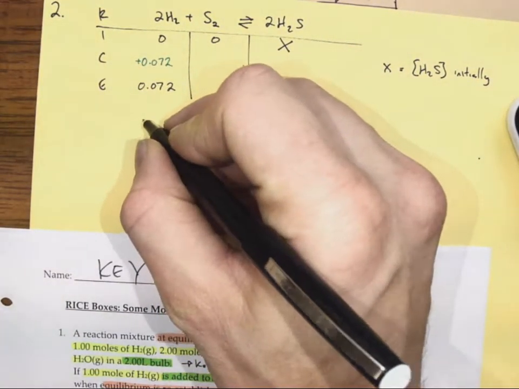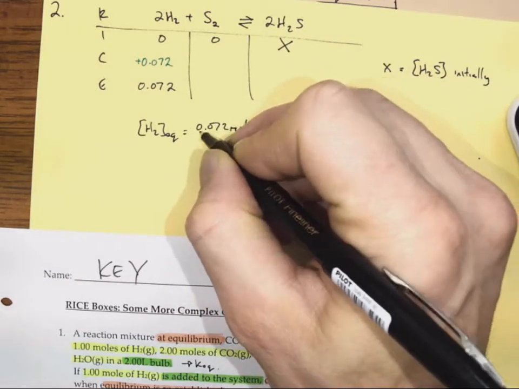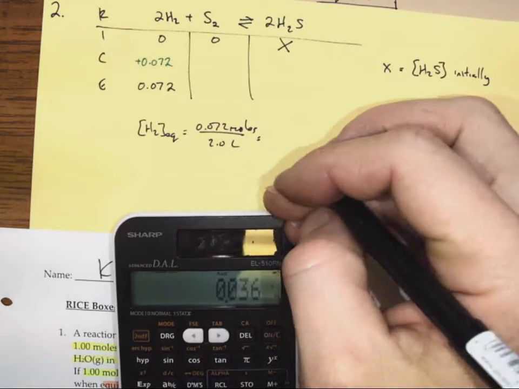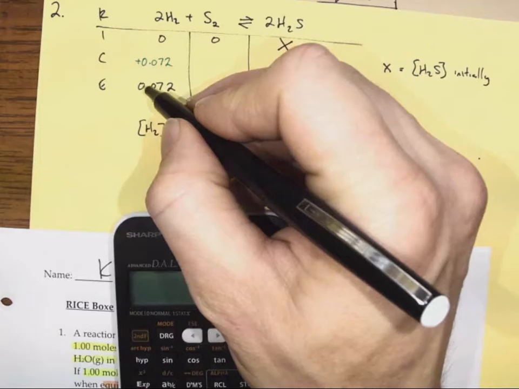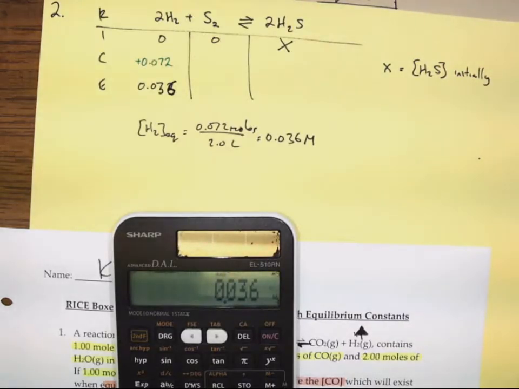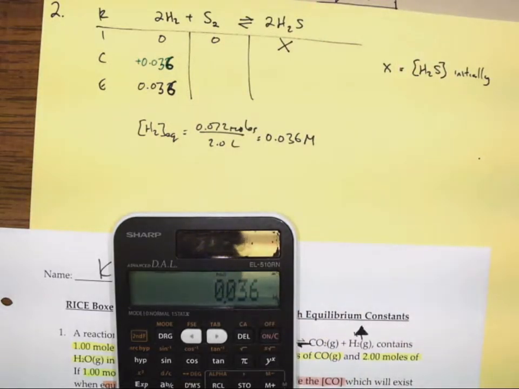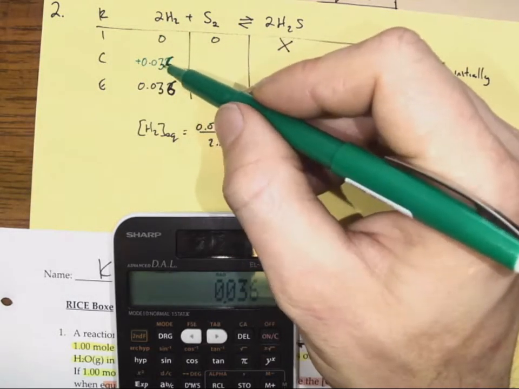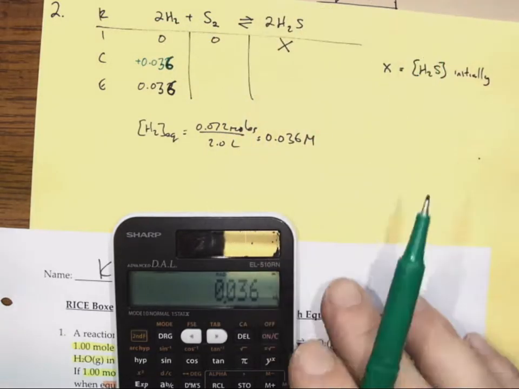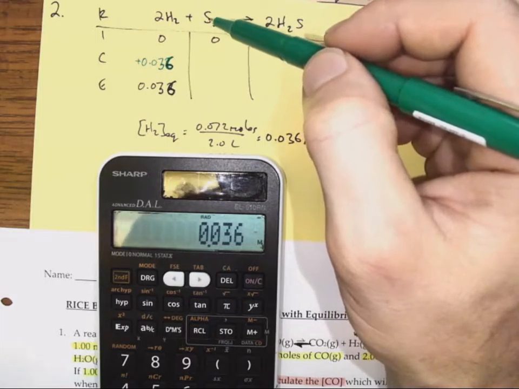So my concentration of hydrogen at equilibrium should be 0.072 moles over 2.0 liters, which is 0.036 capital M. Okay, so if I added this much hydrogen, I must have added half as much sulfur, because of the ratio: for every 2 moles of hydrogen that are produced, only 1 mole, or half of that many moles, of sulfur are produced.